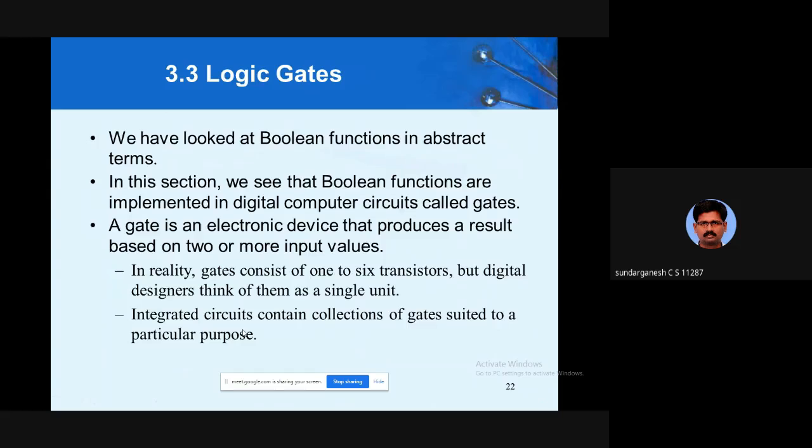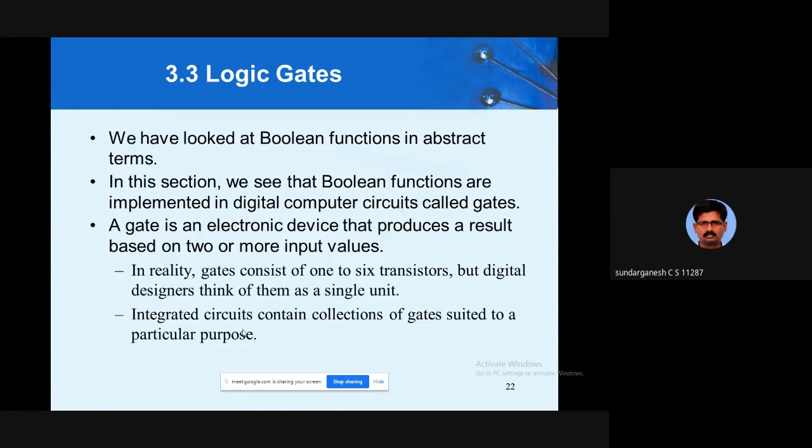So we have looked at Boolean functions in abstract terms. We have seen what a Boolean function is in a short way. Now we implement Boolean functions in digital computer circuits called gates. So what is a gate? A gate is an electronic device that produces a result based on two or more input values.